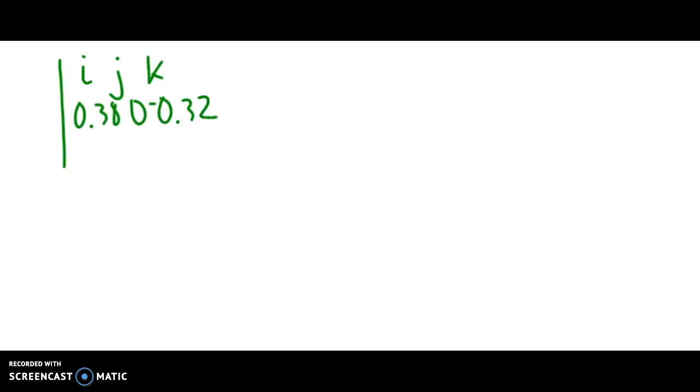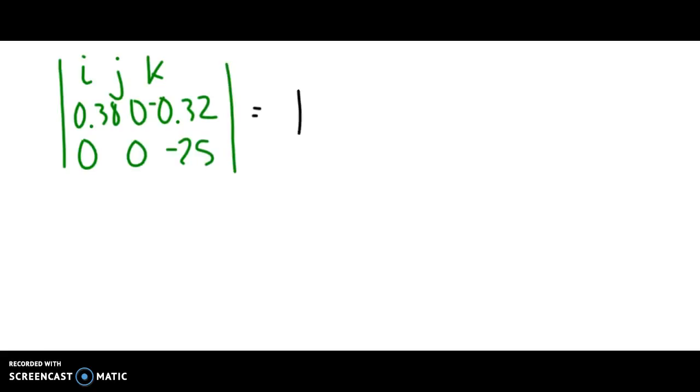So we think back to cross product. We made our matrix with i, j, k. And so we had 0.38, 0, and negative 0.32. Then we had 0, 0, negative 25. Now we have to find the cross product of each one.